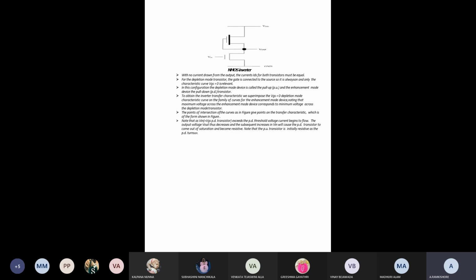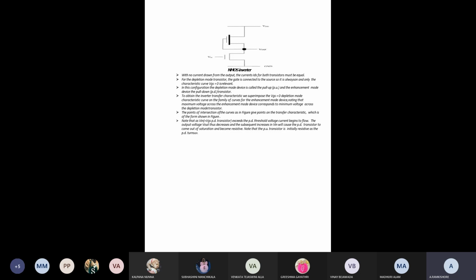Next, the second case: if we change the input voltage so that Vin is equal to high voltage, then the channel formation starts in the enhancement mode transistor.